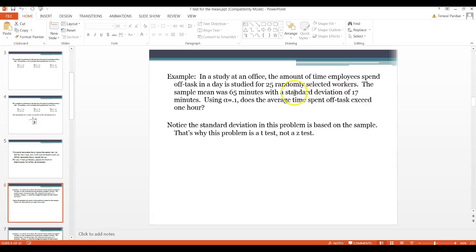And I want to point out here this standard deviation, because of the way this is phrased, that 17 minutes comes from the sample. And so that makes this a t-test instead of a z-test. In this question we want to know, does the mean exceed 1 hour?